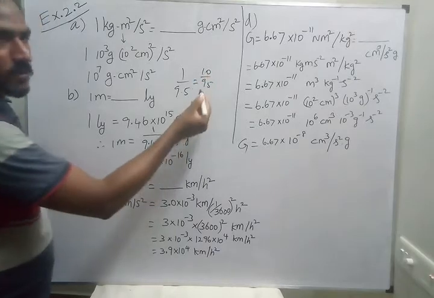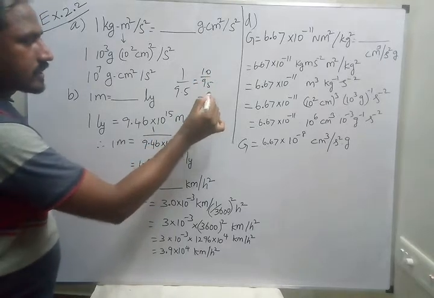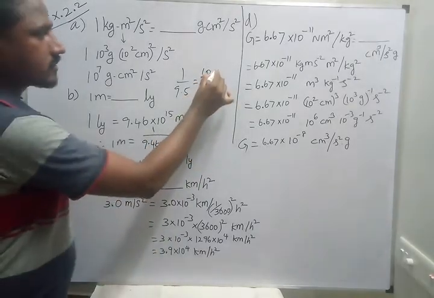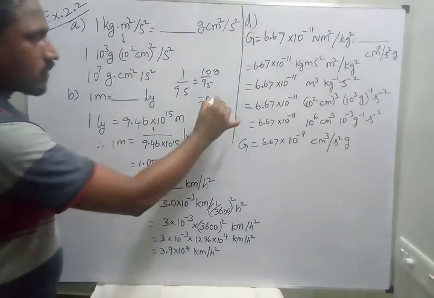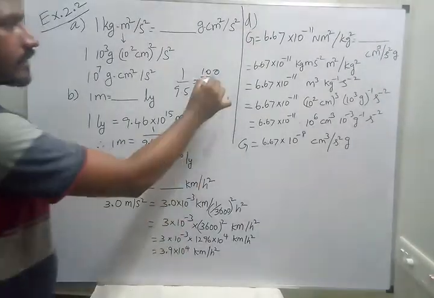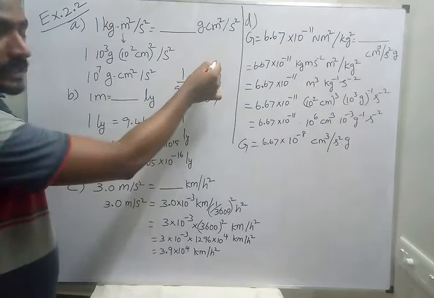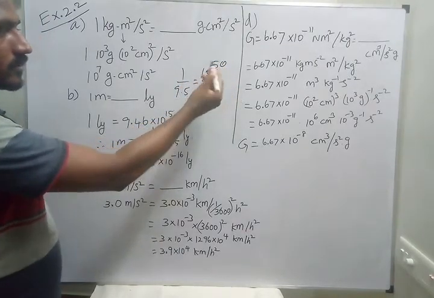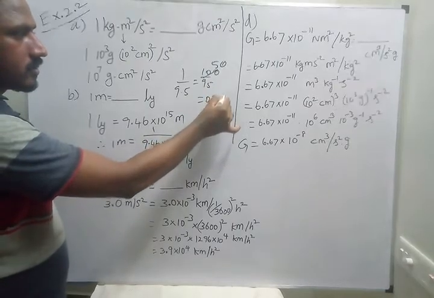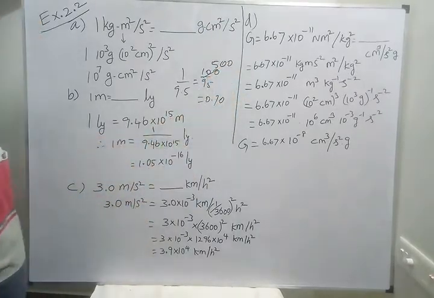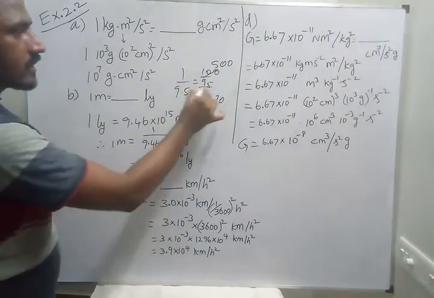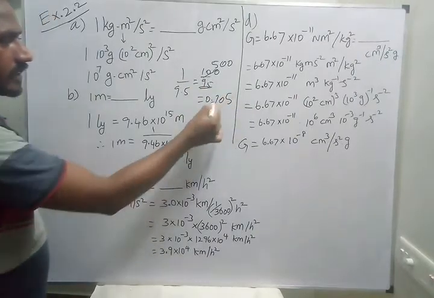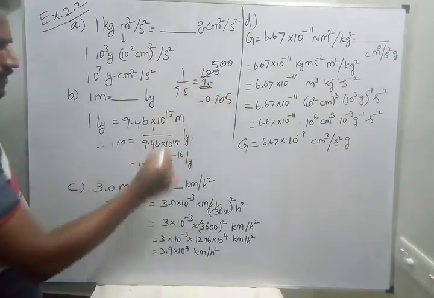Is this possible? No. So take the decimal point and add the 0, 100 divided by 95 is 1. Remaining will be 5. In 5, 95 does not go. So put the 0 and add another 0, 500. In 500 how many 95s are there? 5. So we can write 0.105.